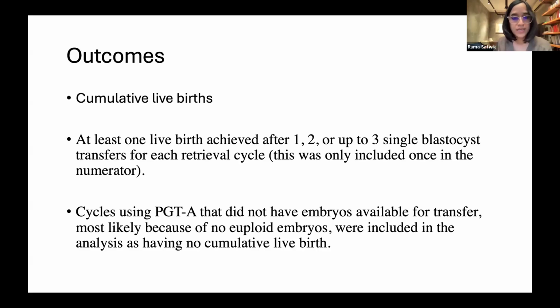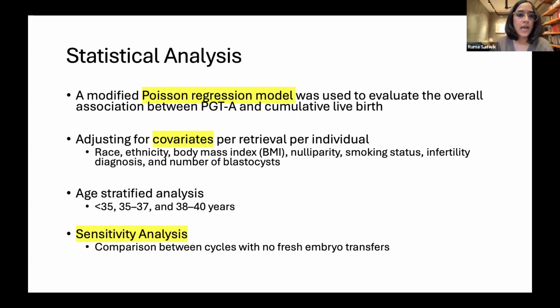Now, that is something that I appreciate them for, that they have taken the cycles that underwent PGTA but had no euploid embryos for transfer, right? And this is where I just want to stress on these 4 things that they have talked about.